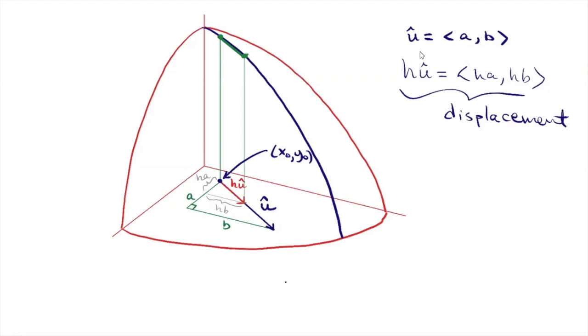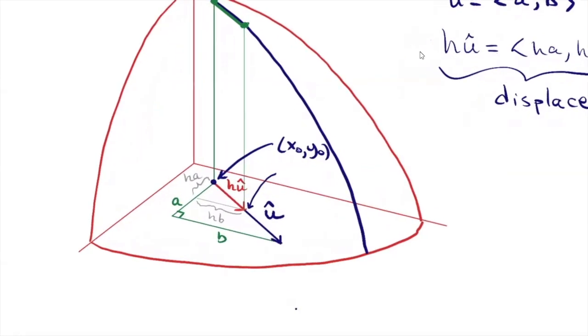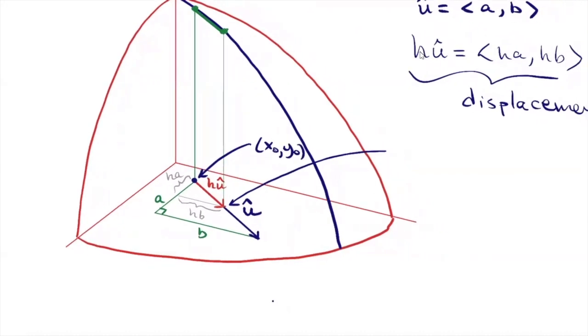Let's get the endpoint of HU here. And so the endpoint there is going to be, I'm going to need more space for that, so pardon me while I move this outside like that. So that point over there is going to be the position vector X naught, Y naught plus HU.